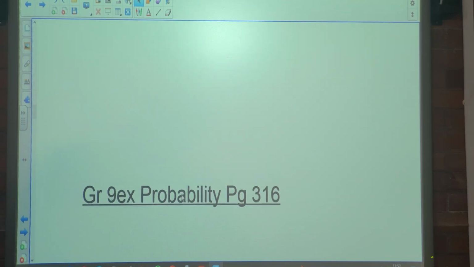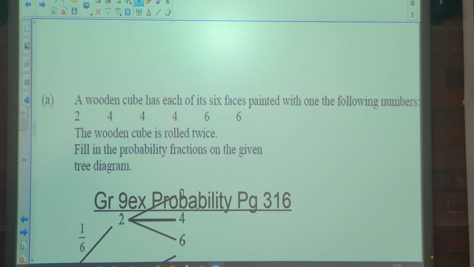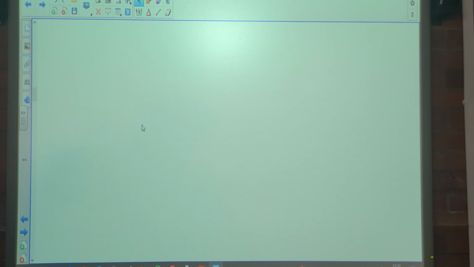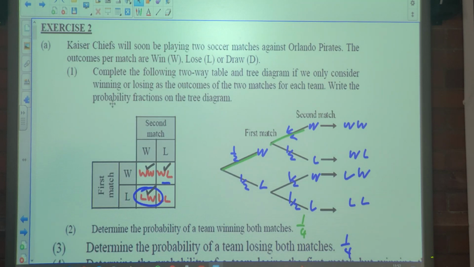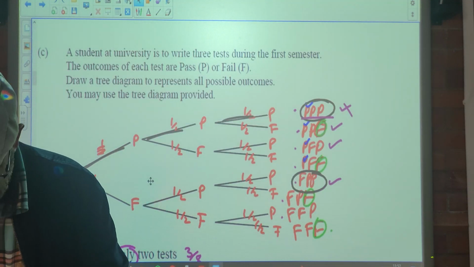That's now the end of it. So this is exercise 3. And I didn't give you exercise 3 for homework.